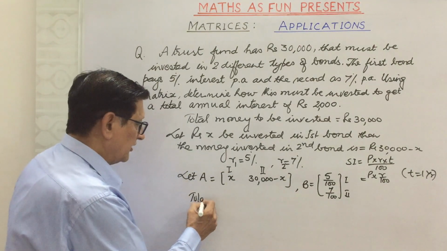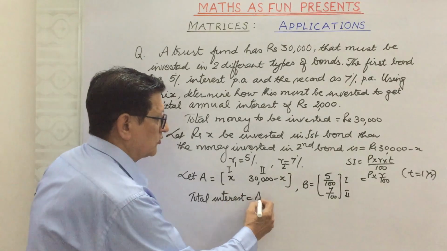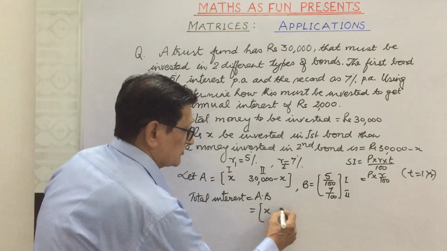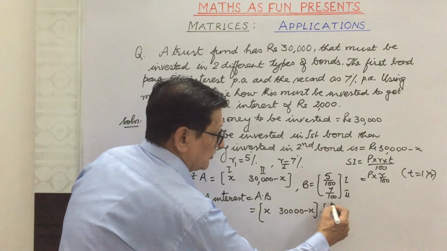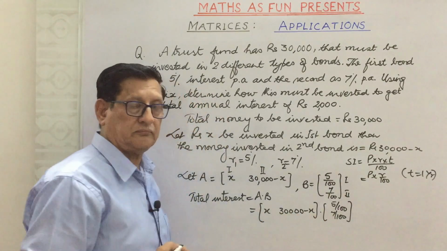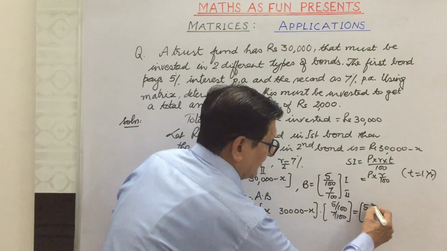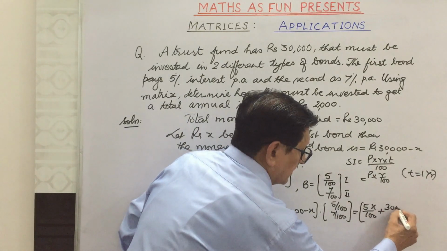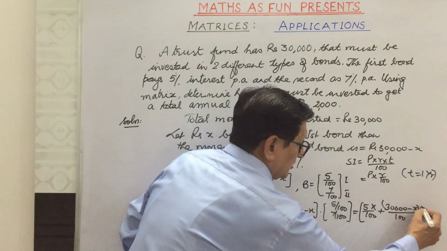We can write total interest will be equal to A into B, and we multiply, that is X, 30,000 minus X, into 5 upon 100 and 7 upon 100. When we multiply row to column, we get 5x upon 100 plus 30,000 minus x upon 100 into 7.